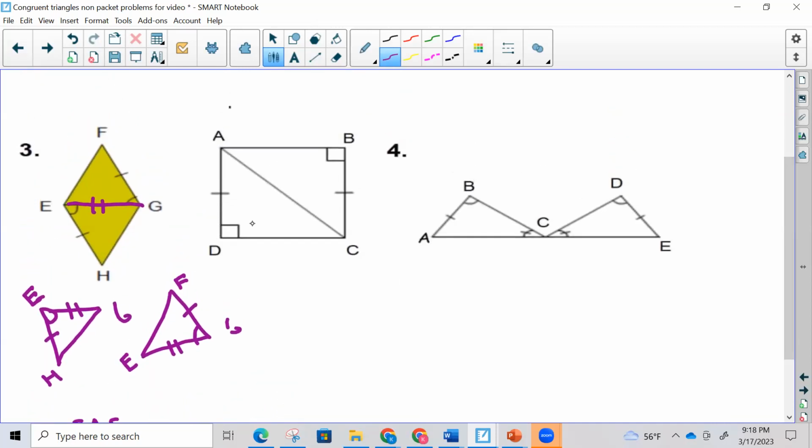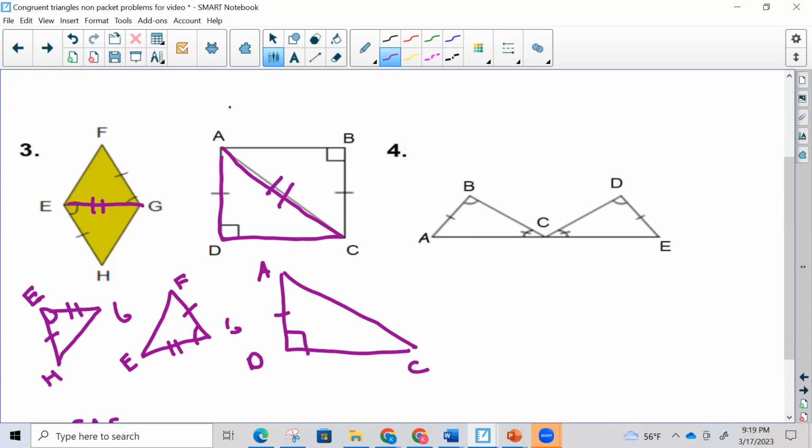My 2 triangles, one thing I noticed is I have right angles. And anytime you have right angles, check if it's HL. It doesn't have to be, but check. Any shared side, so this AC is on both triangles, that I can mark as congruent. And again, I have this 1 triangle ADC. So I could, again, redraw that. And I'm going to mark this.